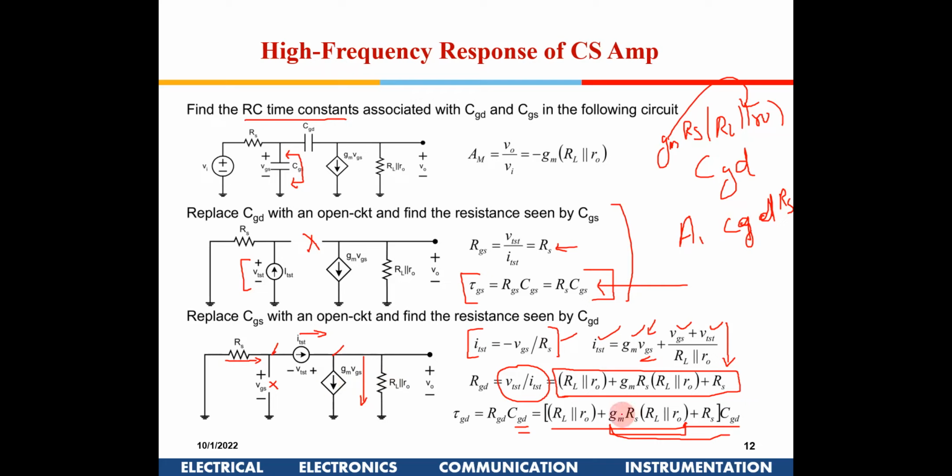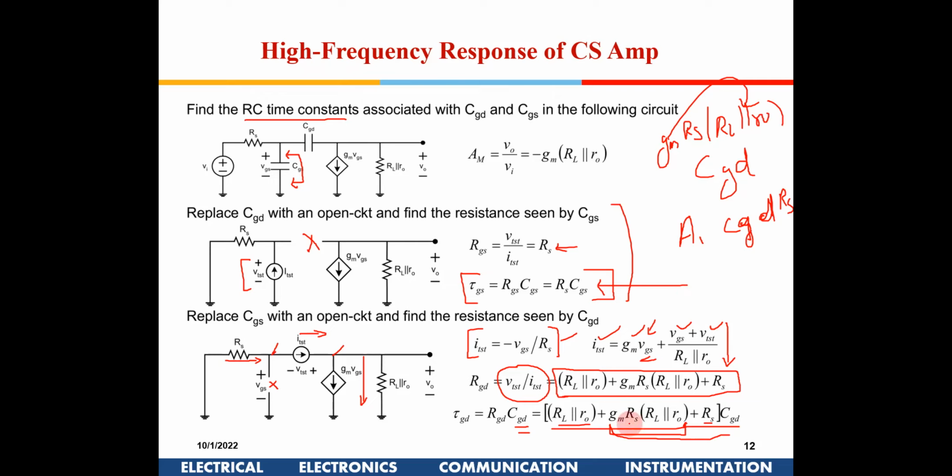I am telling because if you consider the middle portion, this will be much higher than the first term and the last term. So I am just taking the second term, the in-between term. That is GM into RS, then RL parallel to R0. So GM and RL parallel to R0 is the gain.